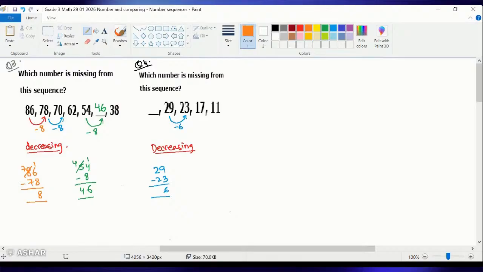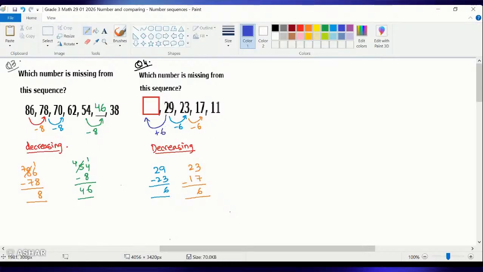Let's confirm for the next one. 23 and 17. The difference is again 6, right? Then the first number, the number over here, should be 6 greater than 29.